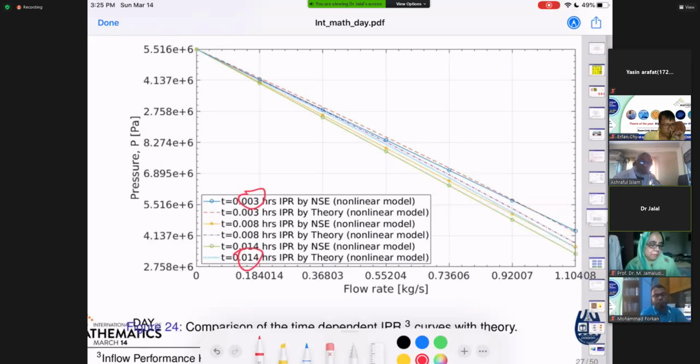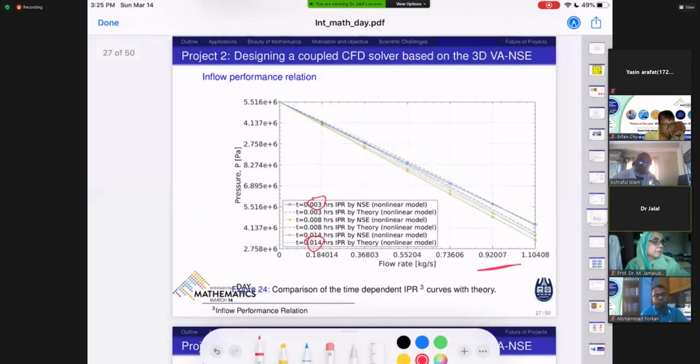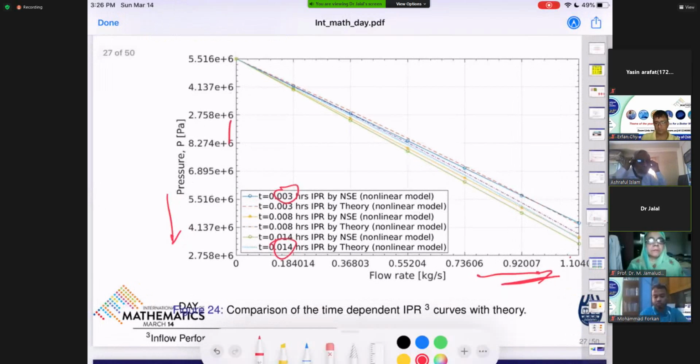So when time is larger, pressure is declining, and the flow rate increases with increasing time. That is what is called the IPR curve, which is very important for reservoir simulation and reservoir analysis.